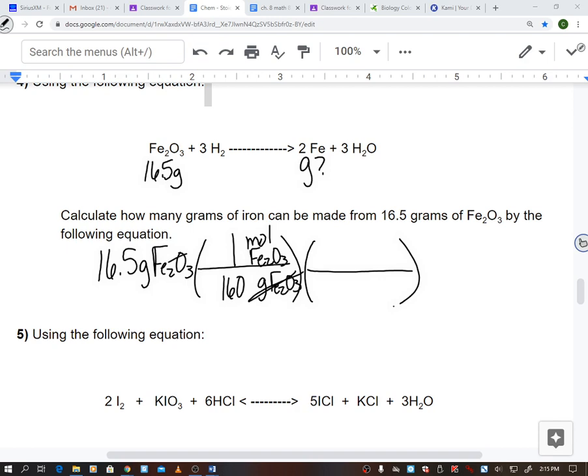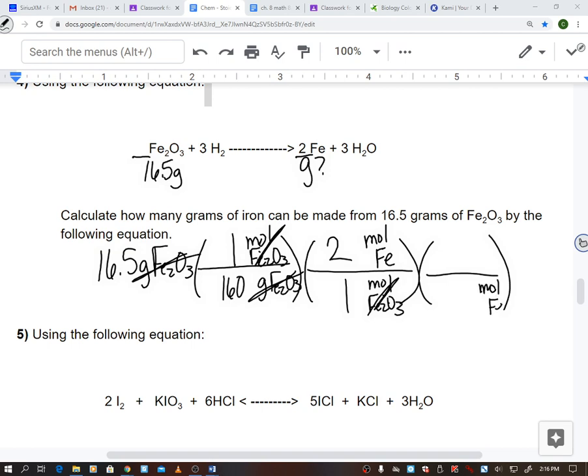So right now those have canceled out. Now I'm going to do moles of Fe2O3. It has to go on the bottom so they can cancel through division. I want iron, so I'm going to use mole to mole. I'm going to use my equation, 2 and 1. And then the last step, moles of Fe have to go on bottom so they can cancel out.